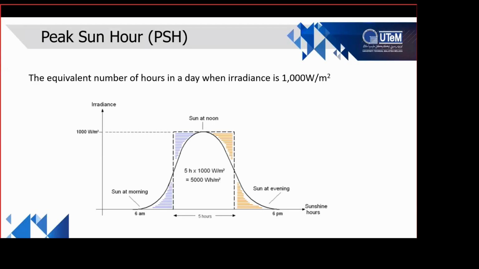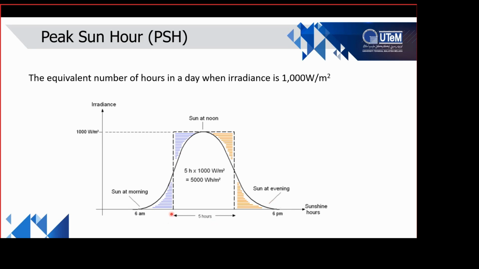We have sunrise maybe around 6 a.m., and then the sun goes up until it reaches the top here at noon, and then it goes down until sunset at around 6 or 7 p.m. This is the shape of the sunshine movement, or the shape of the amount of power available based on the sunshine movement.